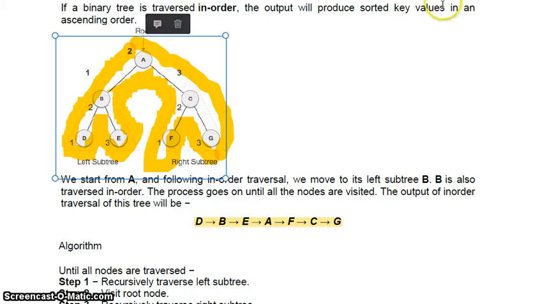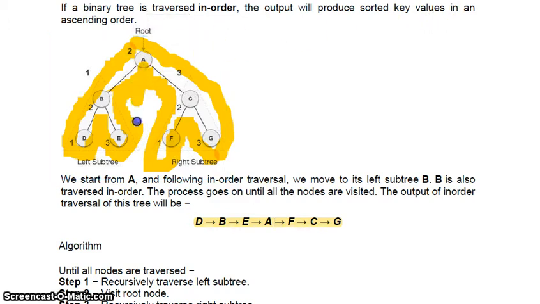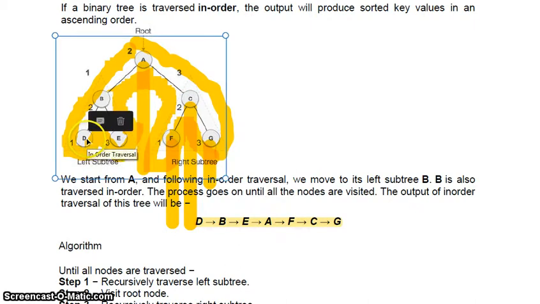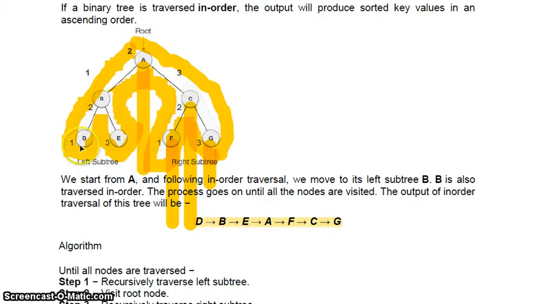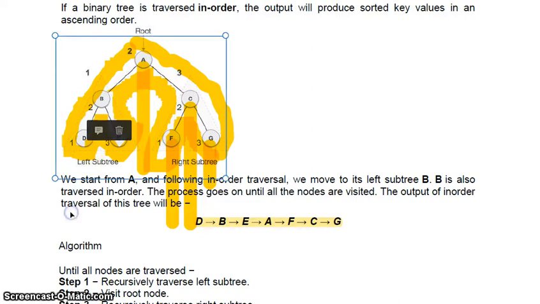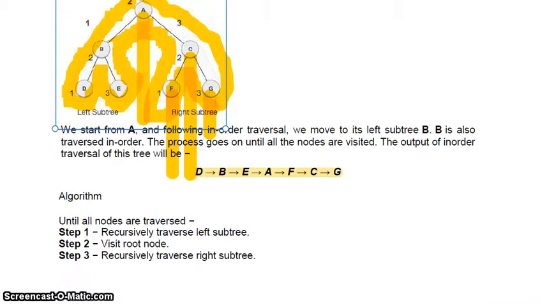As you can see here, then it comes here, then F, then C, then G. As I am drawing here, these are nothing but the bottom nodes. Consider the bottom nodes with respect to in-order traversal.